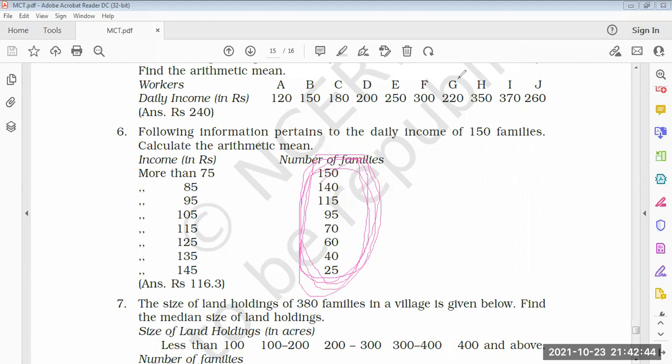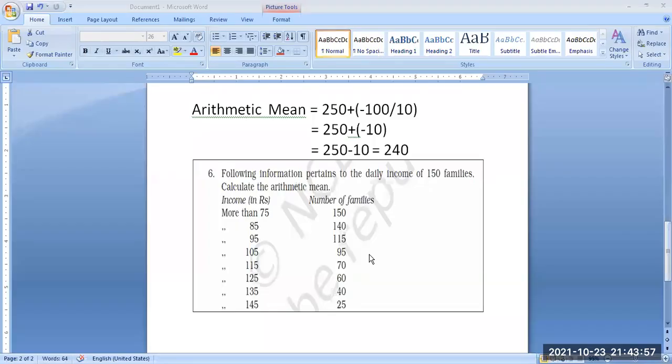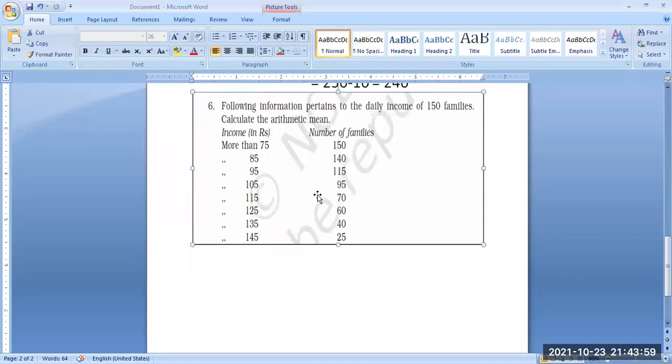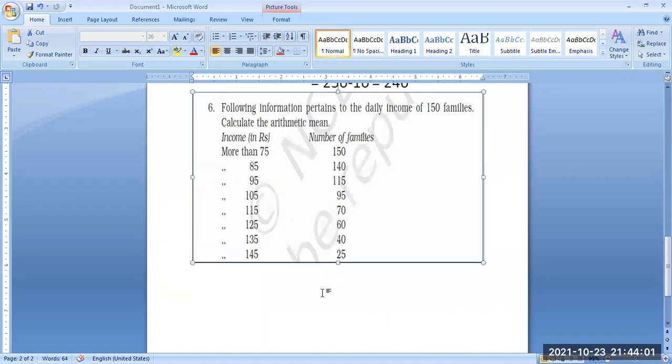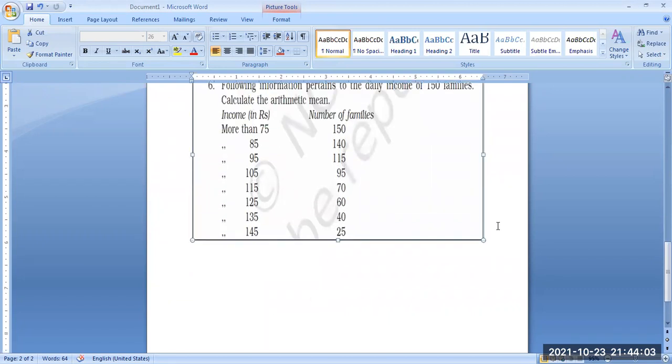So I will show how to convert them. I will revise it for your knowledge. First of all, I will copy this entire problem into the document. Is it visible now? Yes, sir. So this is the problem, and I will do the solution.